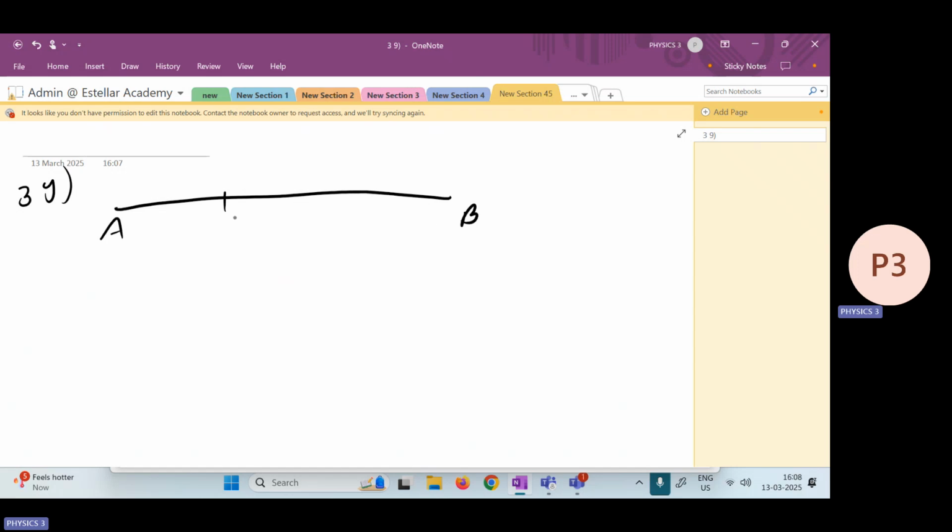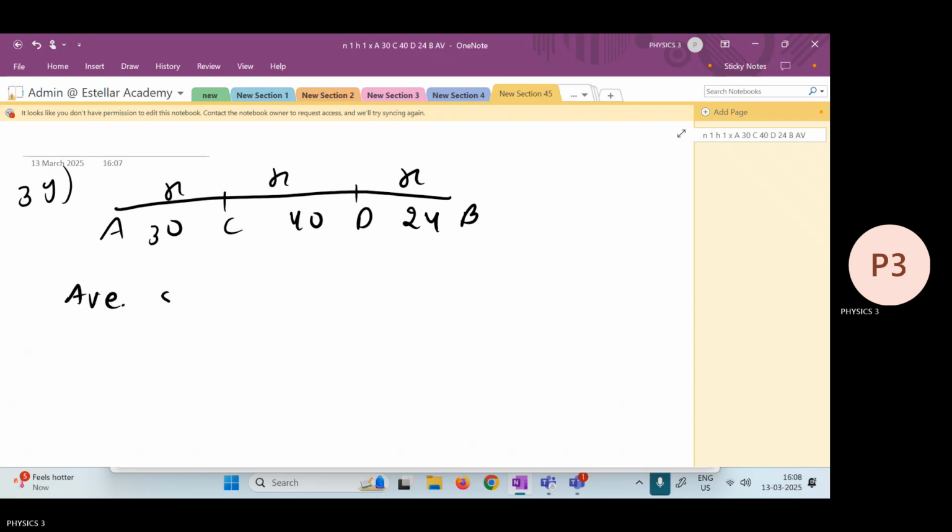Let's say this is C, this is D, and all the parts are equal, so let's say each is x. It travels at 30 km per hour in the first part, 40 km per hour in the second part, and 24 km per hour in the last part. We have to find its average speed.